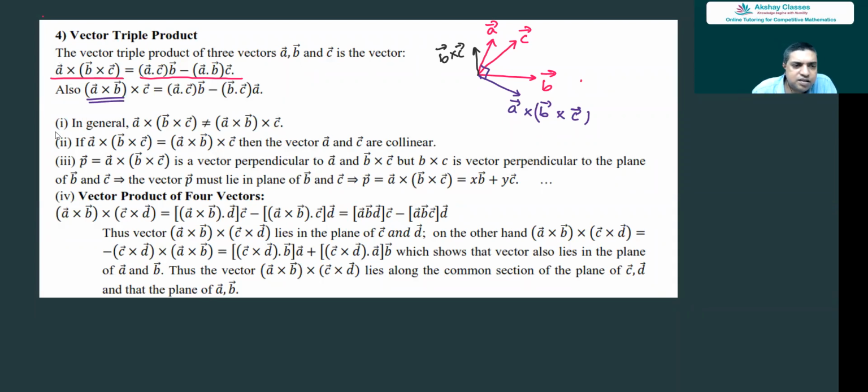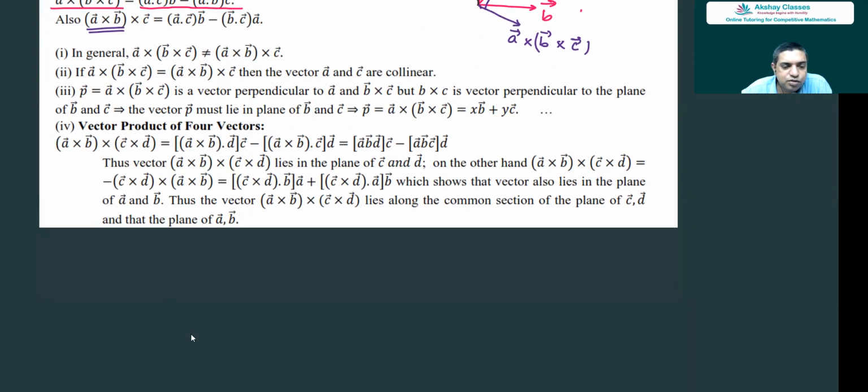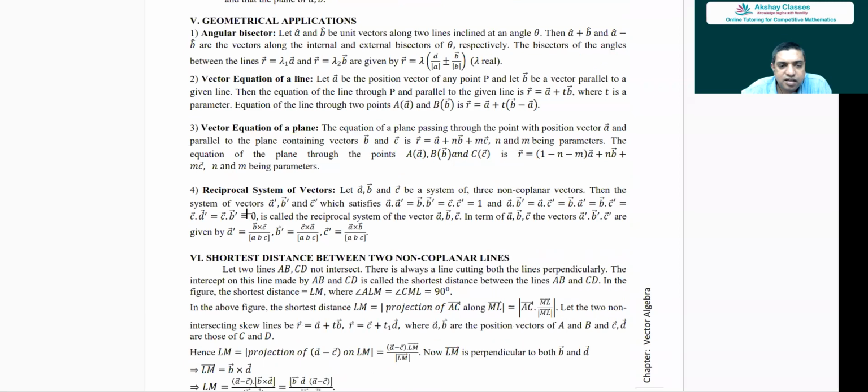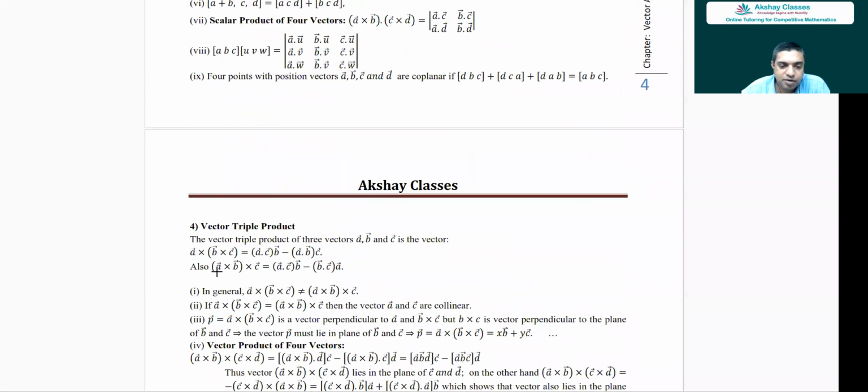This third point is what I explained just now. And the vector product of four vectors is not so important for us. So with this, I cover the vector algebra part.